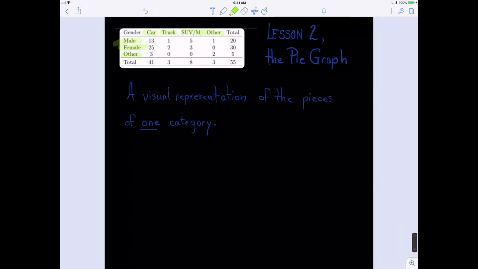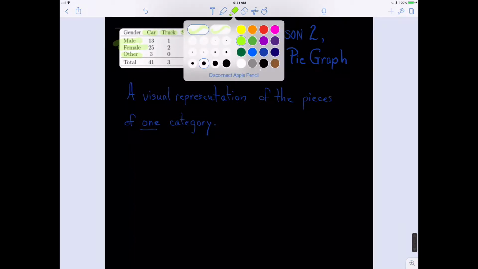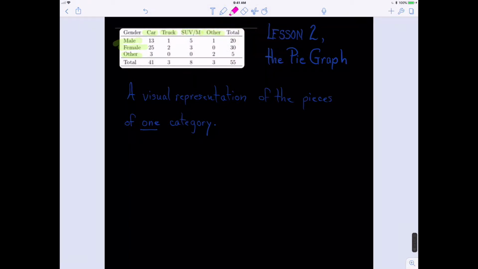So in this case, I'm going to use a little different color. I kind of like the pink, so let's try the pink. What we're going to do today is look at the category of males, and we're going to make a pie graph. So here's what we need to do.